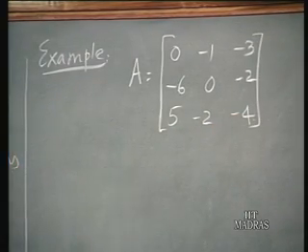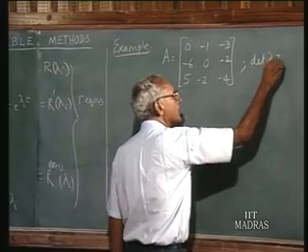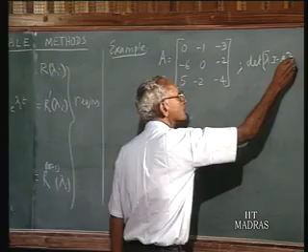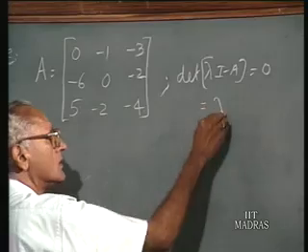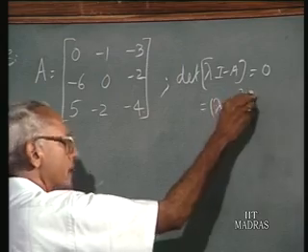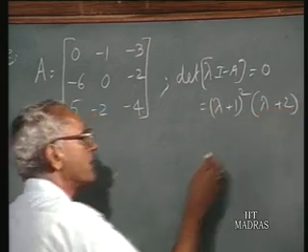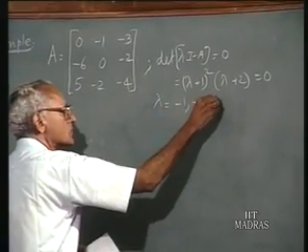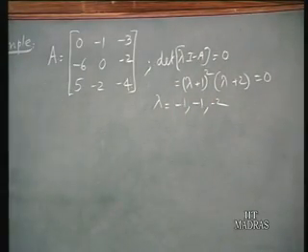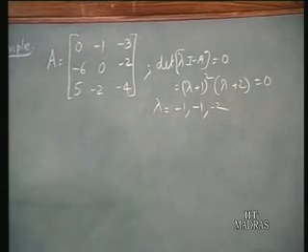Corresponding to this, determinant of lambda I minus A equals 0. It will turn out to be lambda plus 1 whole squared times lambda plus 2 equals 0. That means you have lambda equals minus 1, minus 1, minus 2. These are the three eigenvalues, and one particular eigenvalue is repeated twice, minus 1 and minus 1.